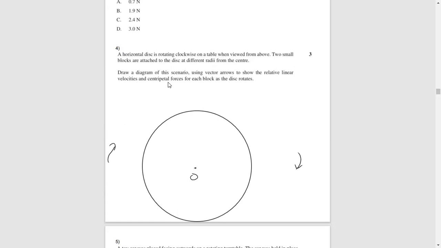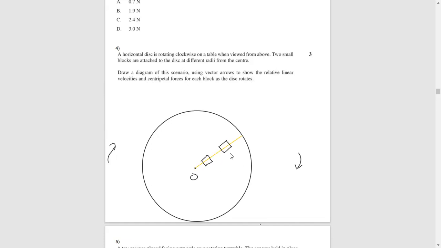we will just make it clear. You've got radius. So we've got block 1, and block 2. Now, we understand that at any point, as we discussed, the linear velocity will be tangential.